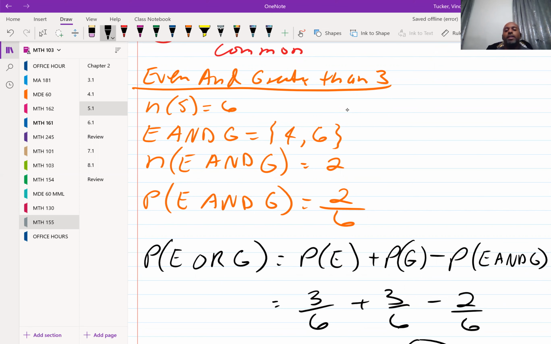It looks a little better than that. And then that's minus the probability of E and G. So that's 3 over 6 plus 4 over 6 minus 2 over 6.